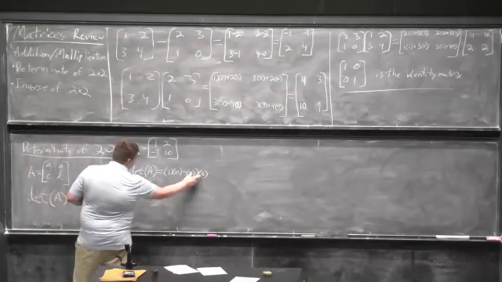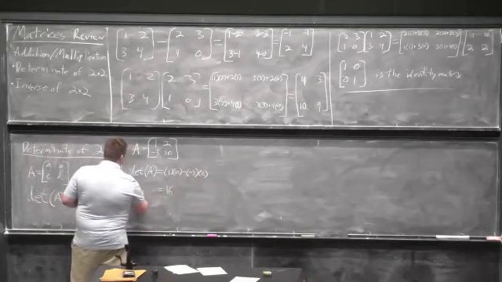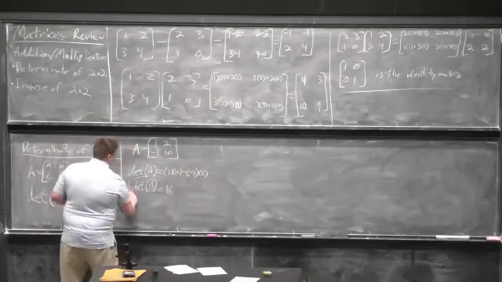This is negative 6 times the negative 1. So I have 10 plus 6 as 16. So the determinant of A equals 16.